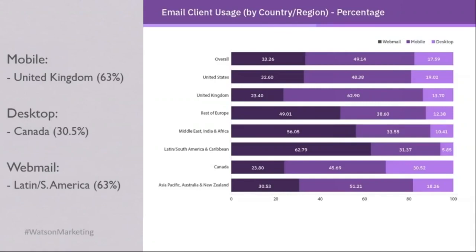Or if they're heavy mobile users, like the people in the United Kingdom at 63%, double some of the other regions, then you probably need to design your messages to be smaller in file size so they open more quickly and the images load faster. Hopefully all of you have optimized your messages for mobile, but this sort of email client usage really helps you understand the composition of your database and how to target them and design your messages for them specifically. Absolutely. All right, go ahead and click, Dave.